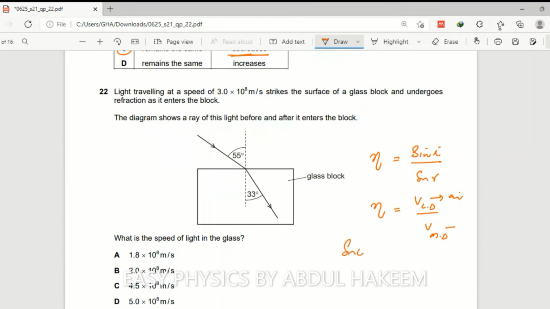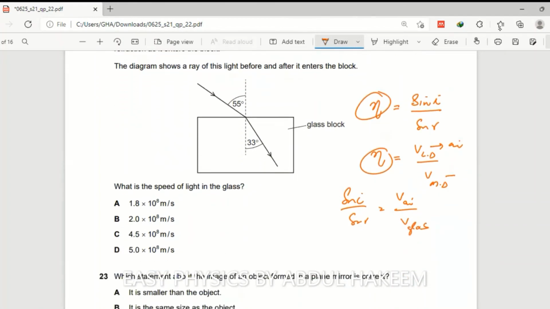So we will write sine I over sine R equals speed in air divided by speed in glass, because both are the refractive index. Now substitute the values. Sine of 55 degrees divided by sine of 33 degrees equals speed in air, which is given as 3 × 10⁸, divided by speed in the glass, which is required.